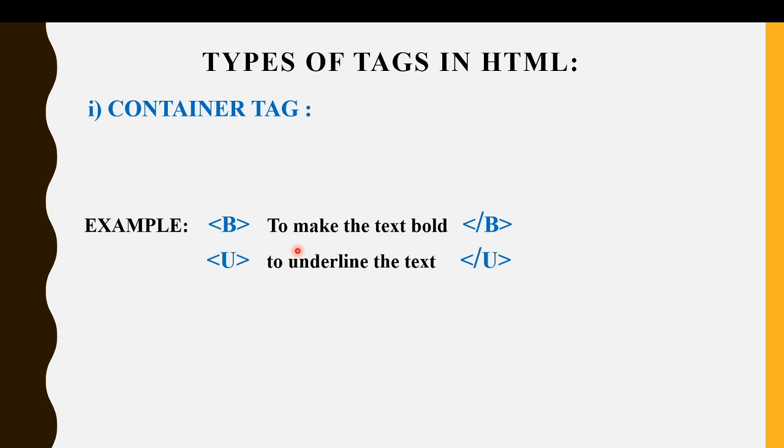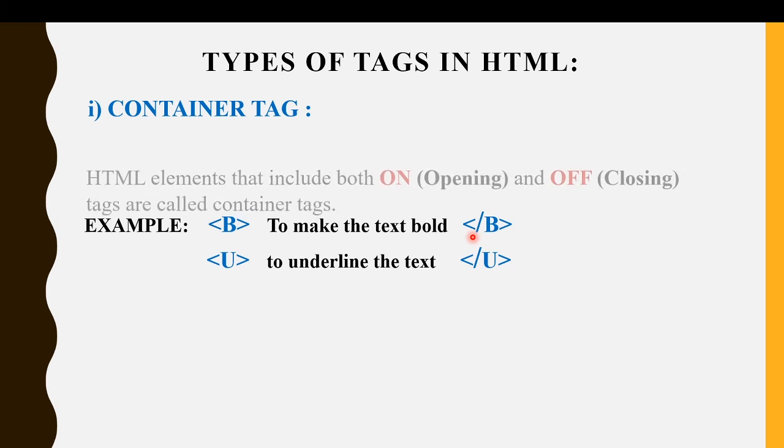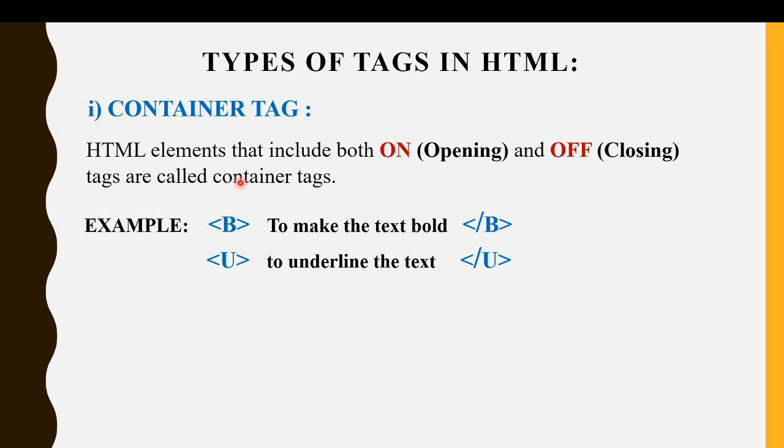So the tag followed by the text, and we need to close that tag as well. There is not much difference between the opening and a closing tag. Both look the same, but when we close the tag, we have to give the forward slash. That's very important. So we can say that the HTML elements that include both on tag, means opening tag, and that also contain the off tag, that is closing tag, we call this type of tags as a container.